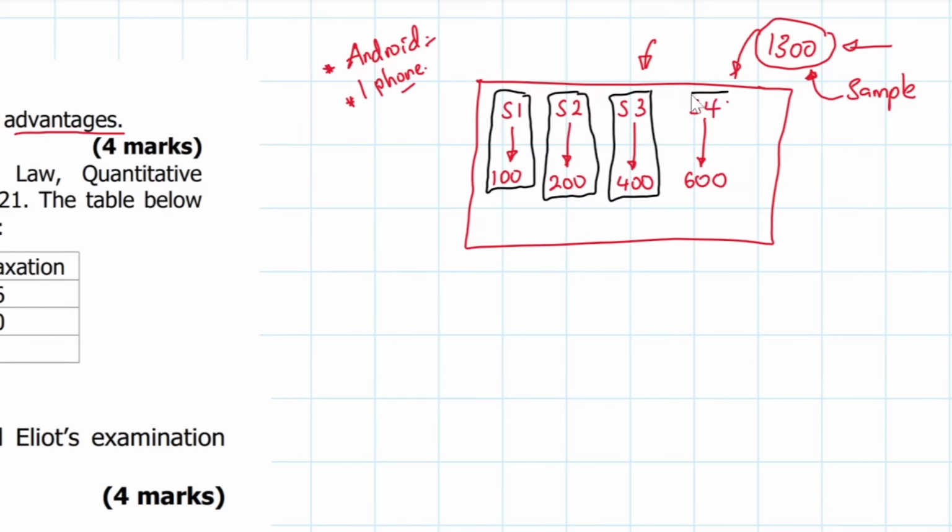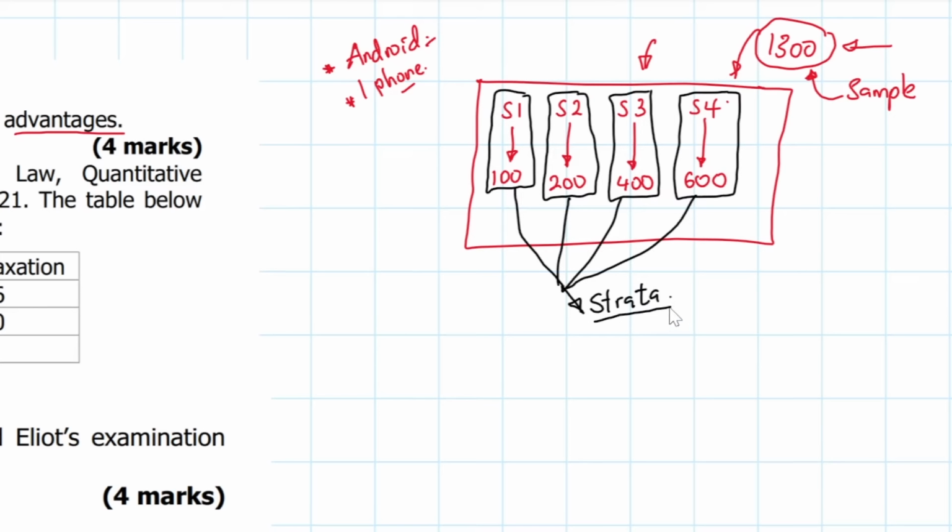So we have chosen to divide this population into those 4 segments according to their classes. These 4 segments are what we call strata.